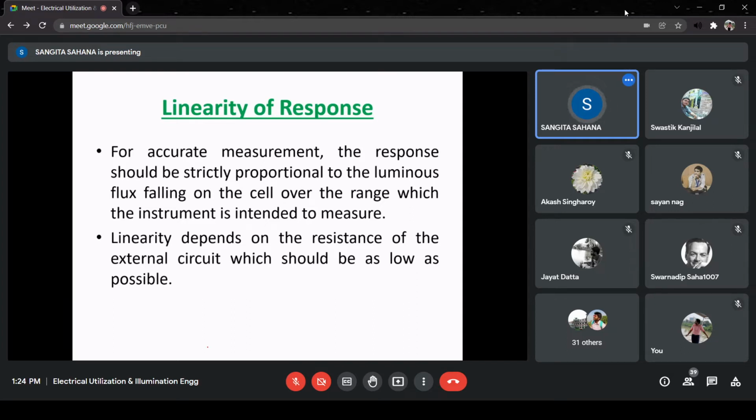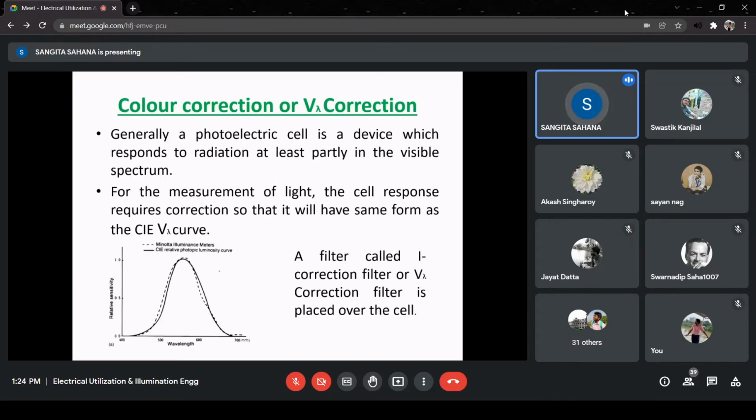What is linear? We know that illuminance is luminous flux per area, right? So E is proportional to luminous flux. So for accurate measurement, the response should be strictly proportional to the luminous flux falling on the cell over the range which the instrument is intended to measure. And linearity depends on the resistance of the external circuit, which should be as low as possible.